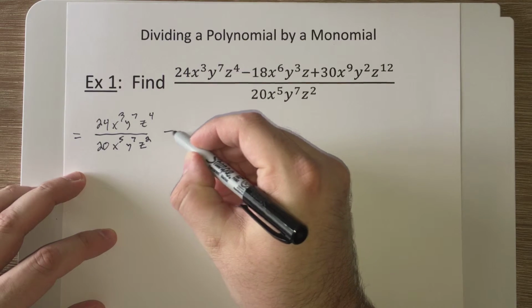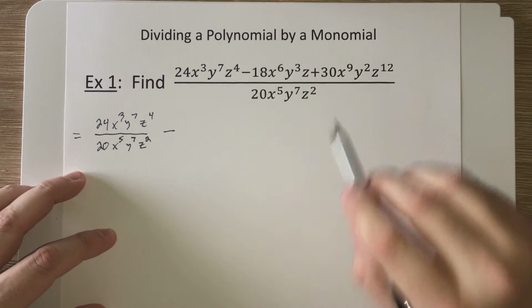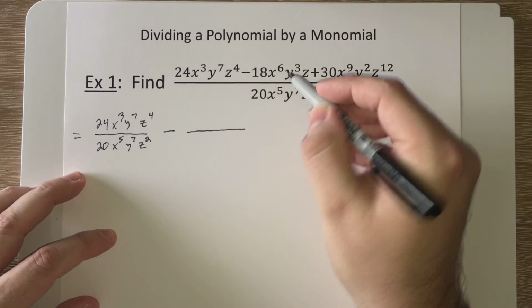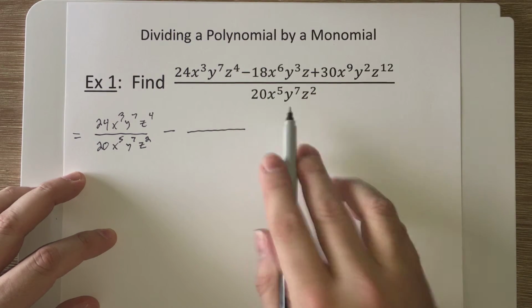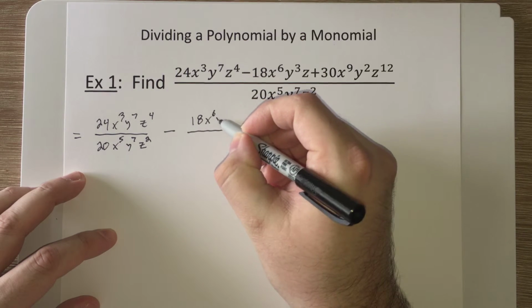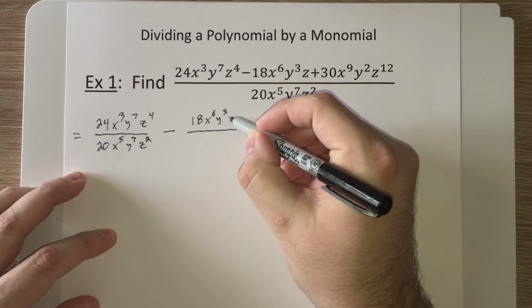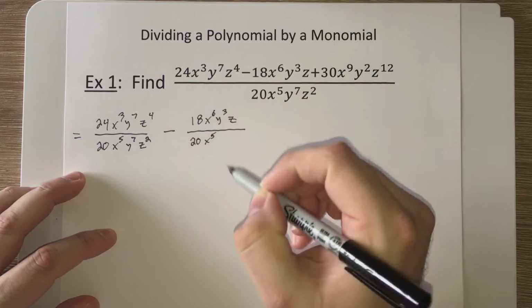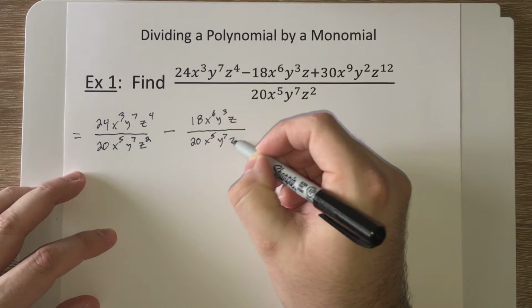So now I'm going to put the minus sign here. Then I'm going to put this monomial underneath this second one. So another fraction line, with this monomial on top and this monomial on the bottom. So we have 18 x to the 6, y to the third, z, over 20 x to the fifth, y to the 7, z squared.